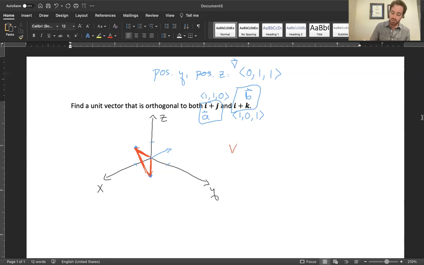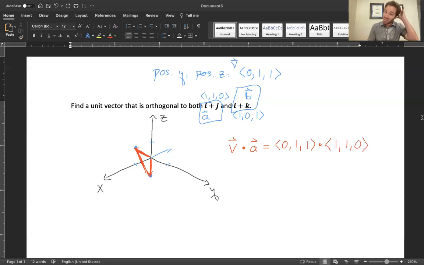Let's take vector v dot vector a. We do need to take dot products because that's how we check for orthogonality, right? So orthogonal to I plus j, that's 1, 1, 0. We're going to do 0, 1, 1 dot 1, 1, 0.